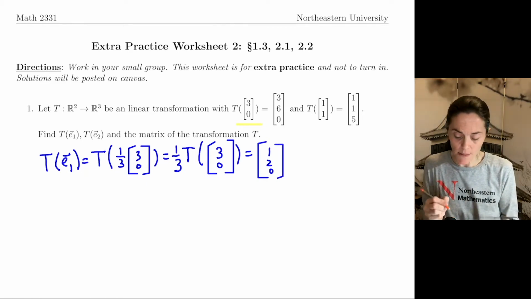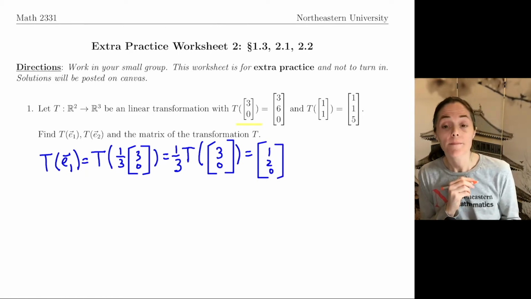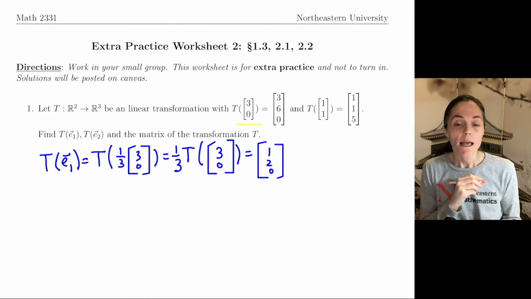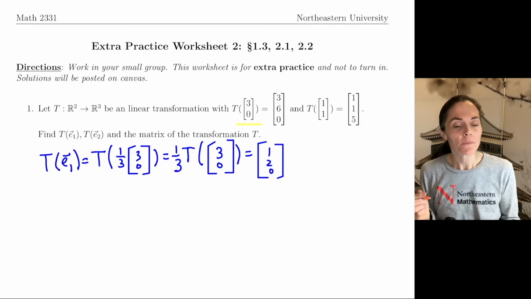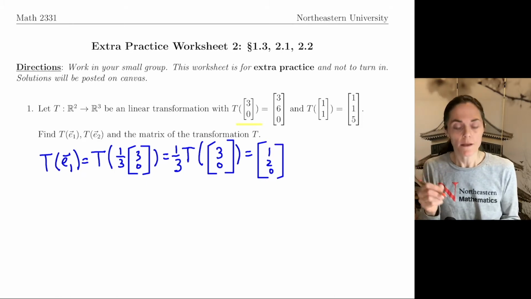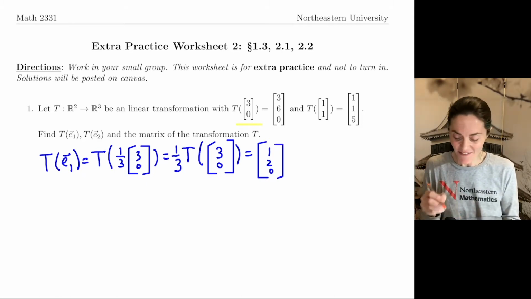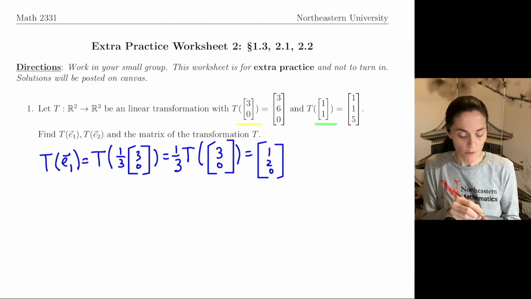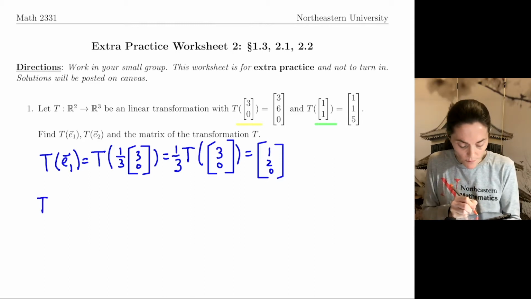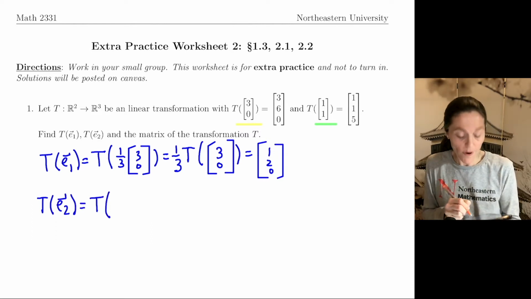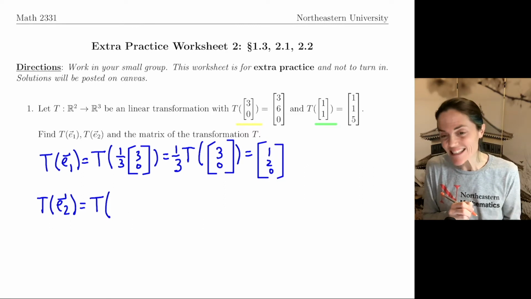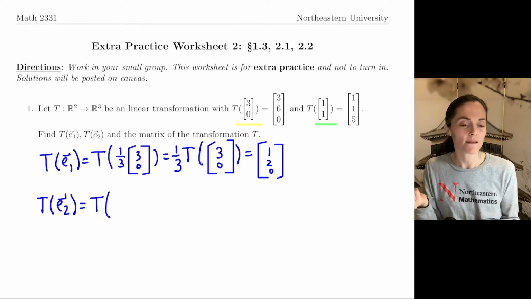Now we have to do something similar for T of E2, except we're going to be using the other property of linearity. We have T of E1 and we have T of 1, 1. So T of E2, well, we have to think about writing E2 as a linear combination of 1, 1 and E1.